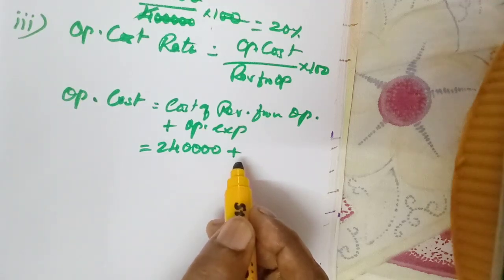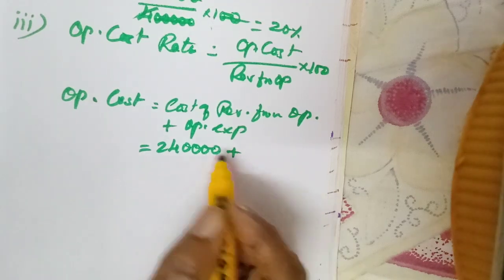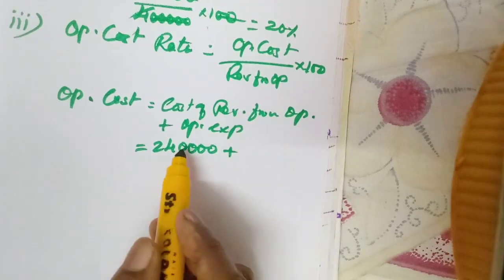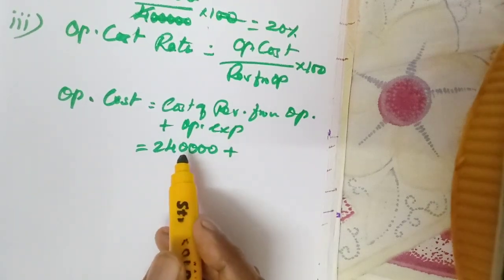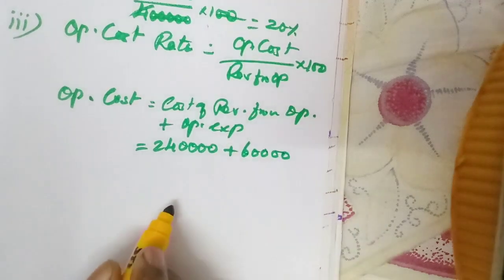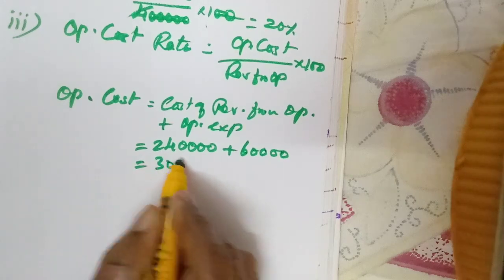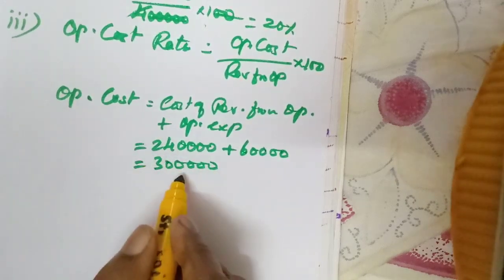Purchases and change in inventories we have taken in cost of revenue from operation. Operating expenses of administration and selling are 60,000. Finance cost will not come. So how much? 3 lakh. So operating cost is 3 lakh.